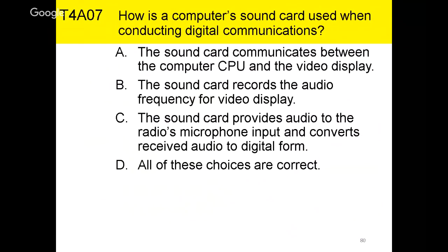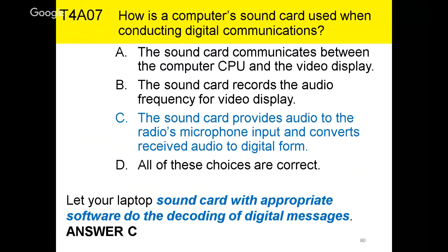How is the computer's sound card used when conducting digital communications? You want to make sure, this happens to be the longest answer, by the way: a sound card provides audio to the radio's microphone input and converts received audio to digital form. So you really need a sound card with appropriate software to do the decoding of the digital messages.